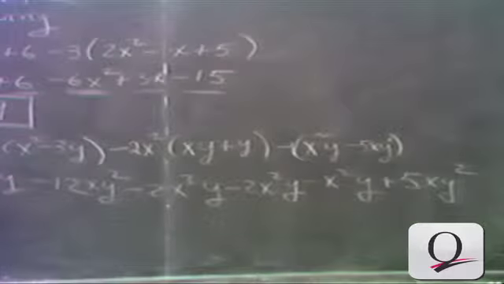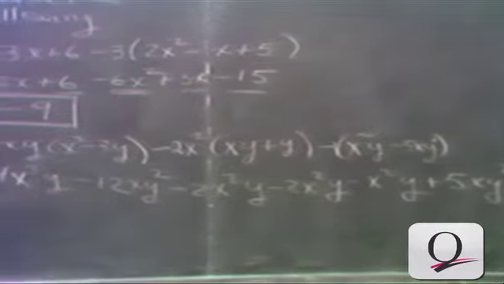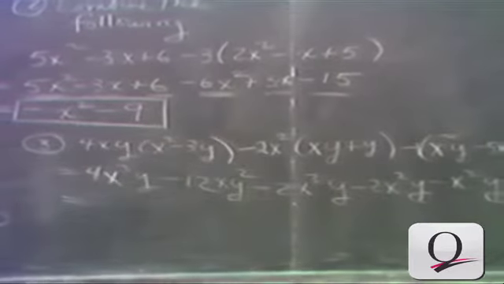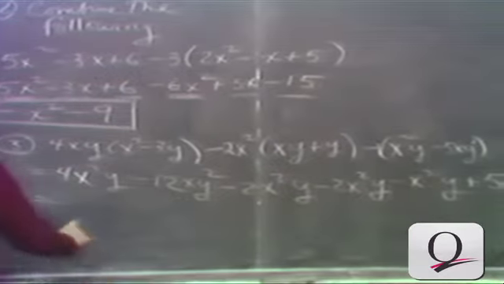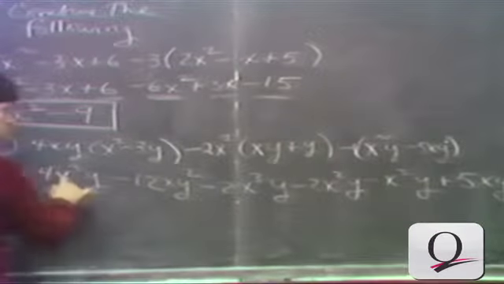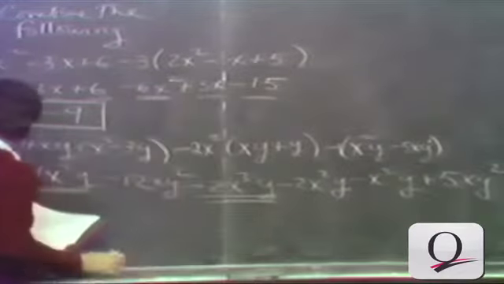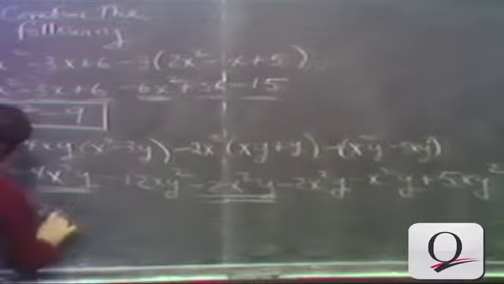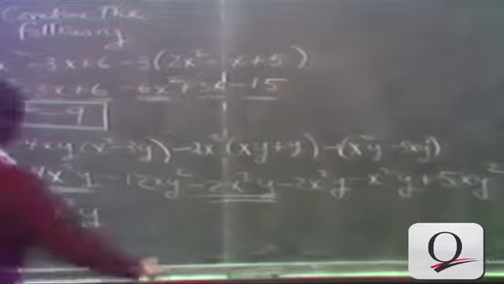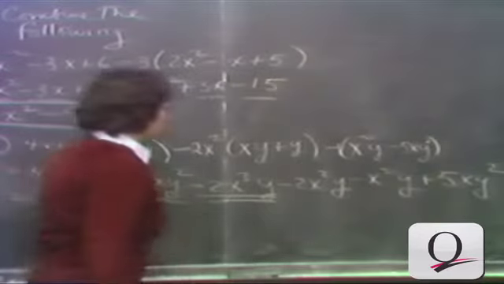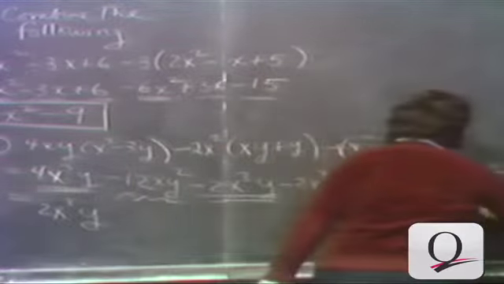Now let us combine the like terms to simplify this. Let's see, we have a 4x cubed y and a minus 2x cubed y. Those are like terms, and they combine to give us 2x cubed y. Then we have a minus 12xy squared and a plus 5xy squared.